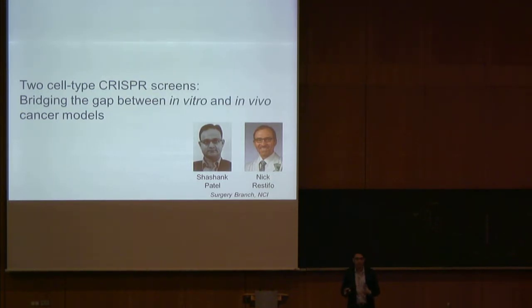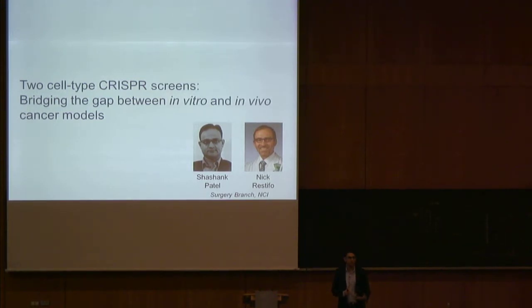Because of the time limitation, I'm going to skip over some other work, but as a way to introduce this, another thing we did in addition to assays with single cell types in a dish is we wondered, could we do this in vivo? A few years ago, we did one of these genome-wide CRISPR screens in a mouse. It was really exciting because we could look at phenotypes like metastasis, which are very difficult to analyze in the context of in vitro cell culture.